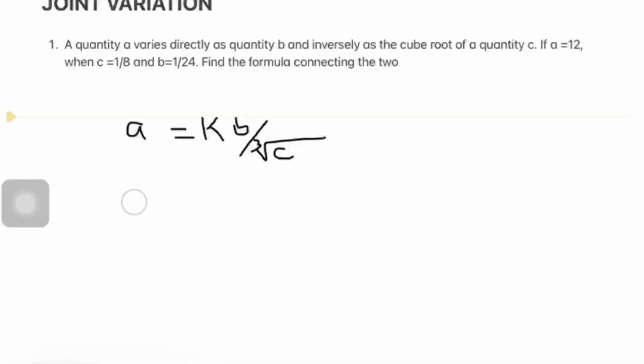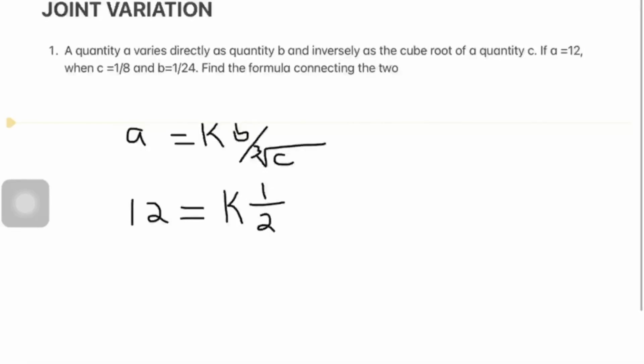Let me start with the value of A. We are told that A is equals to 12, is equals to our K, which is our constant of proportionality. We are going to find the value for that. And B is 1 over 24 when C is equals to 1 over 8. And our C should be the cube root.